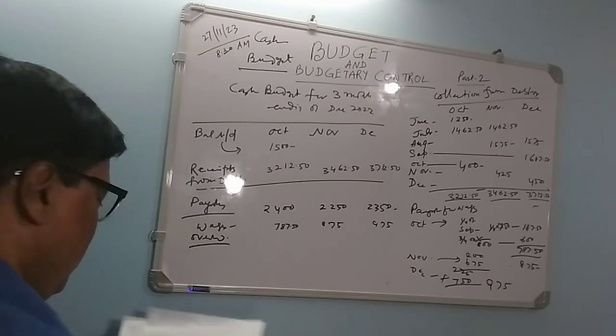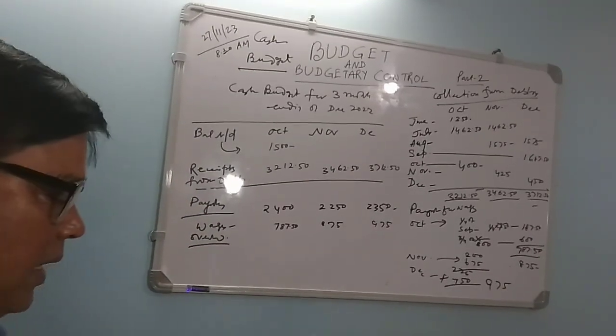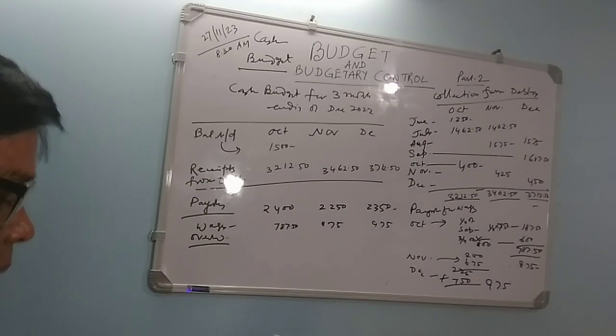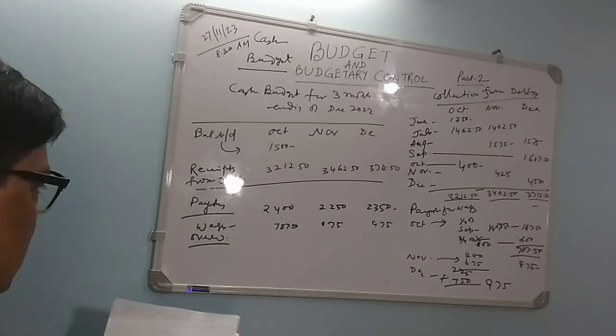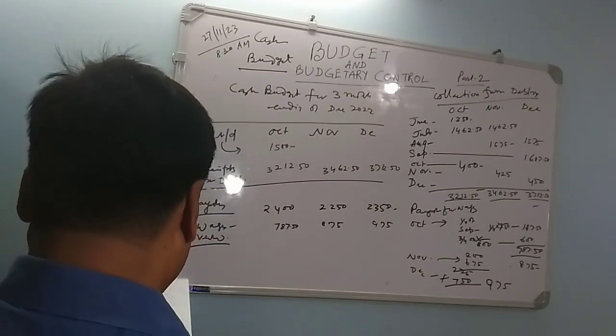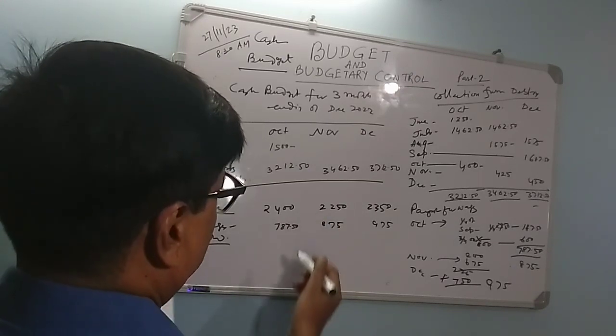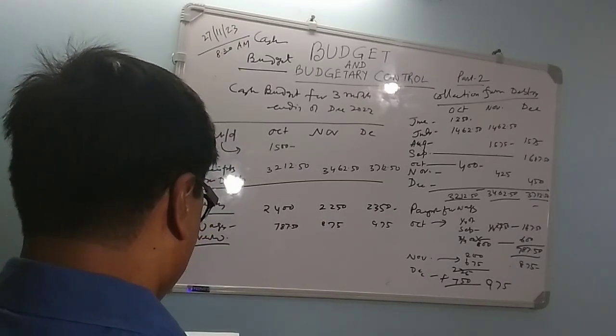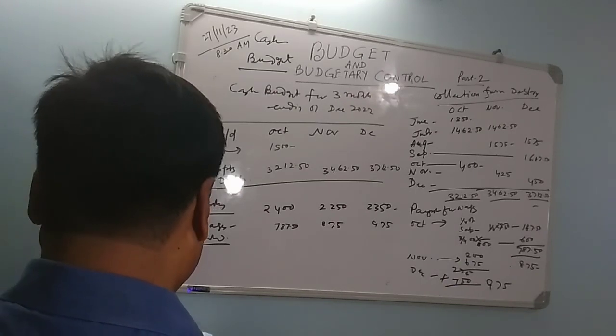See that overhead, as per the calculations, it has been told that overhead is paid for half a month. So 1 month, 50% will go. So for October, you see what your production overhead is: 300.